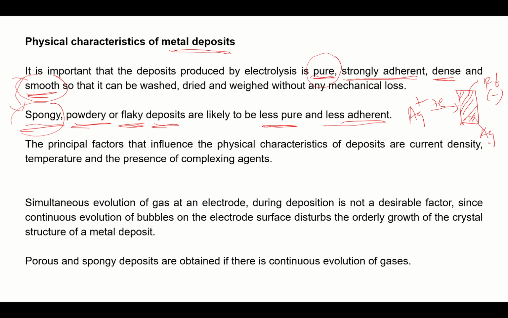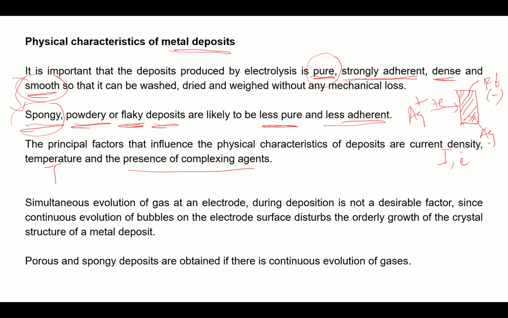The principal factors that can influence the physical characteristics of the deposit are current density, I, temperature, and also the presence of additives, for example a complexing agent. All these factors can influence the formation of the deposit or the coating.